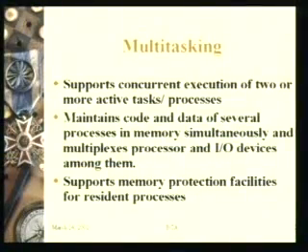Now, one of the things which we always talk about in operating systems is multitasking. What is multitasking? It supports concurrent execution of two or more active tasks or processes, maintains code and data of several processes in memory simultaneously and multiplexes the processor and I/O devices among them, and supports memory protection facilities for resident processes.